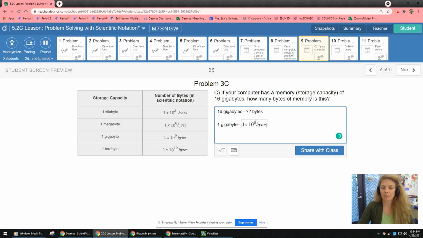We have to have the same units to use these numbers. That's why we converted all of them into bytes. So that means 16 gigabytes is going to be equal to 16 times 1 times 10 to the ninth.